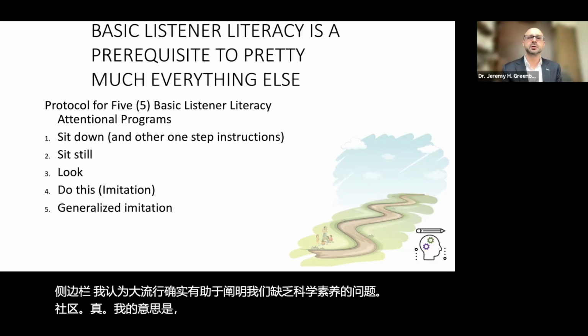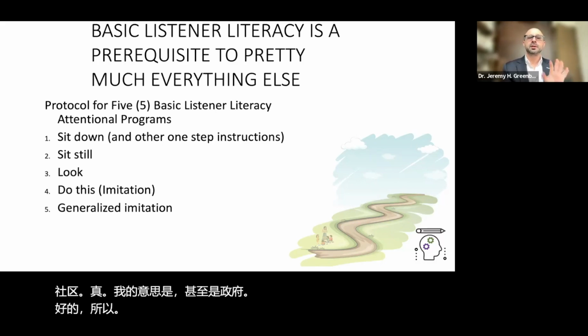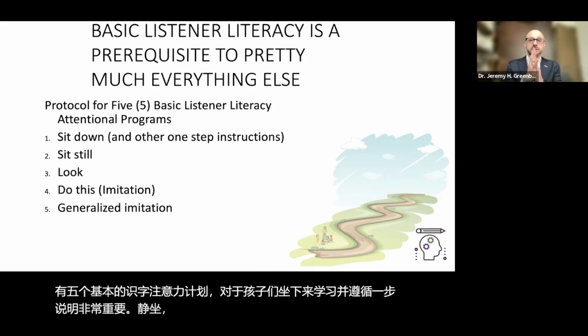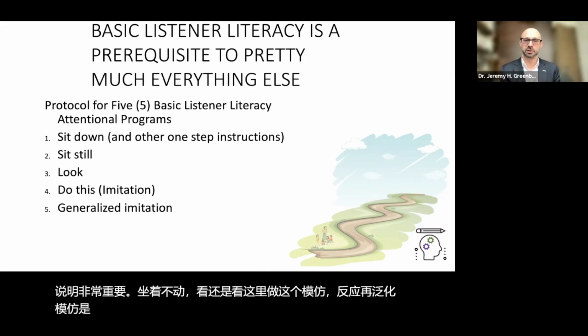Okay, so there are 5 basic literacy attentional programs that are really important for children to learn. Sitting down and following one-step instructions, sit still, look here, do this, imitation, response, and then generalized imitation are the 5 basic literacy attentional programs.